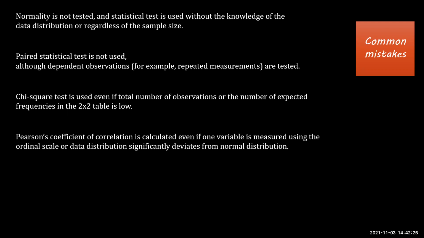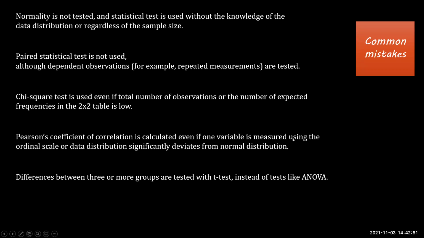I see that in published articles also. Maybe you can get away with it, or if there's a statistician among the peer reviewers, they will pick this up. But generally, Pearson's coefficient is fairly robust to minor deviations from normal distribution, and you should use it, as it is more powerful than the non-parametric Spearman coefficient.